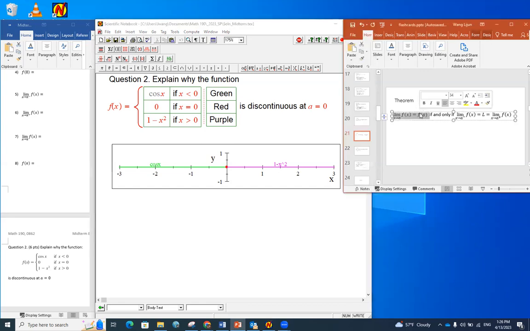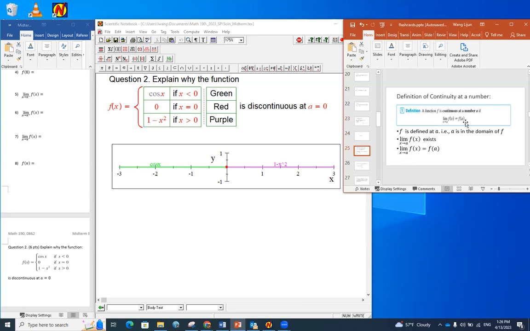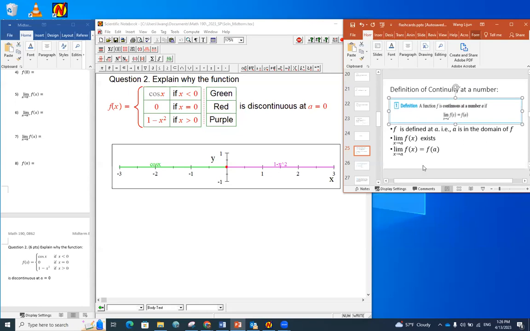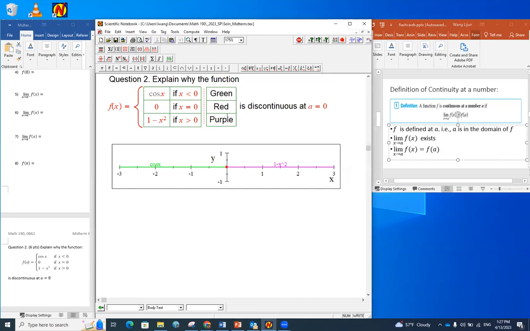Okay, we'll come back to continuous function. A continuous function, we know, has three elements. First, it has to be defined at the point.